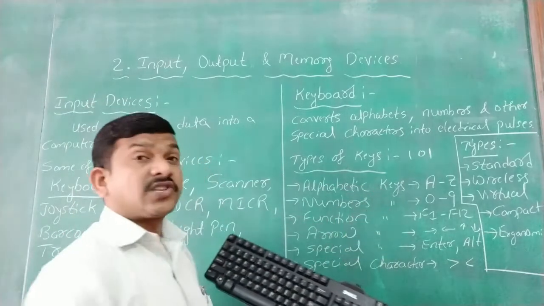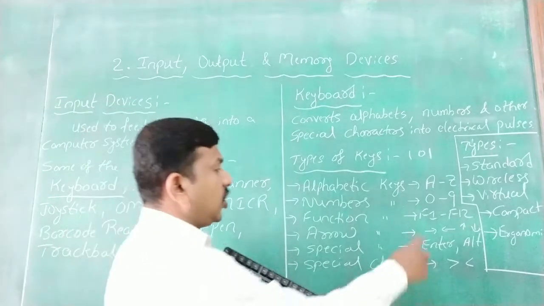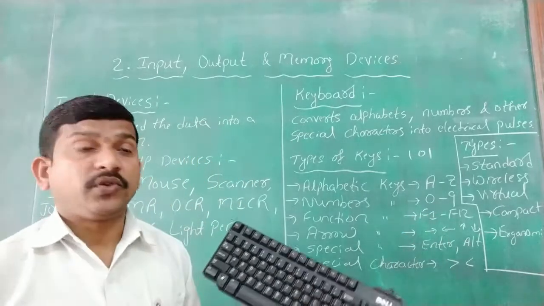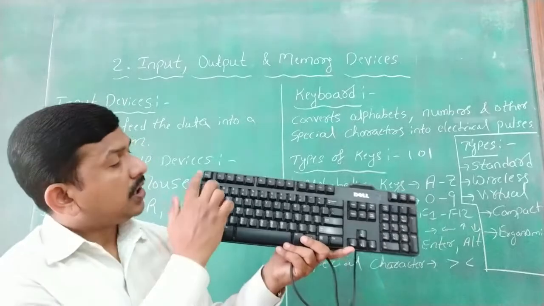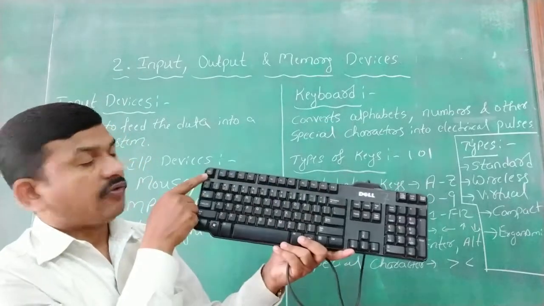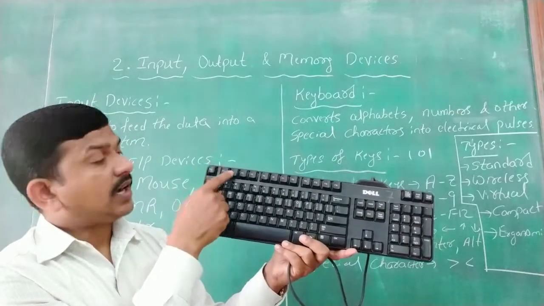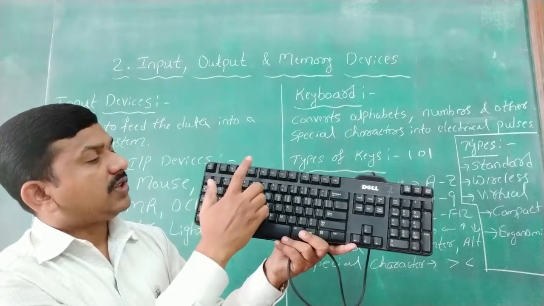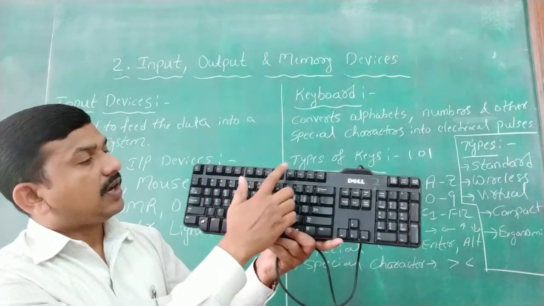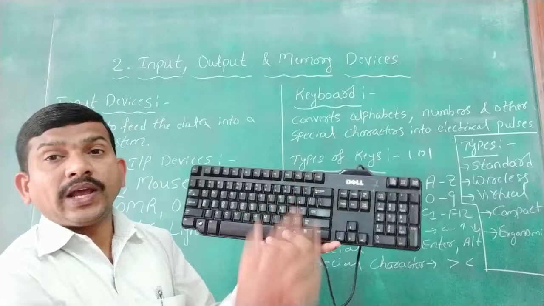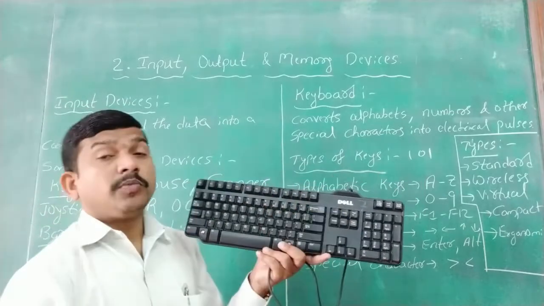Next, function keys. Function keys are normally F1 to F12. On this keyboard they are at the top, from here F1, F2, F3, F4, 5, 6, 7, 8, 9, 10, 11, F12. These are some of the important keys.